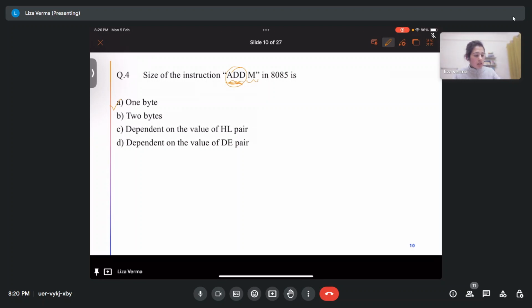That's why it's 1 byte. There is no 8-bit or 16-bit data following this instruction. That's why it is 1 byte.